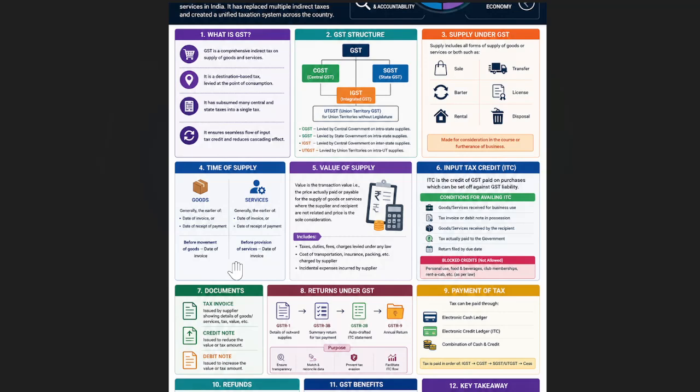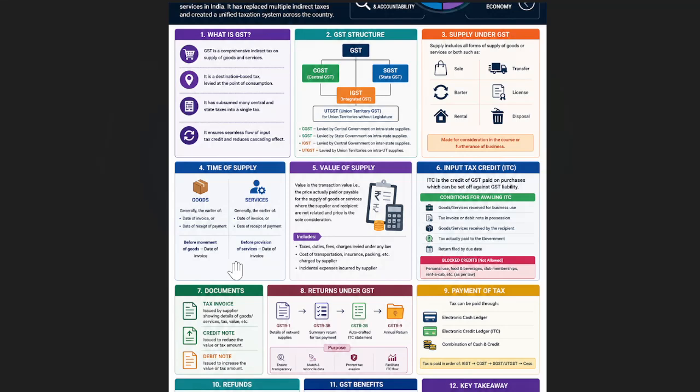the block credits. Documents. The seventh important point is the documents. Tax invoice, credit notes, and debit notes are the three basic documents which are followed in this GST. The returns under GST: GSTR 1, the details of outward supplies. GSTR 3B, the summary return for the tax payment.